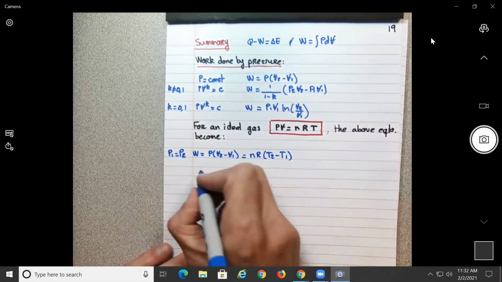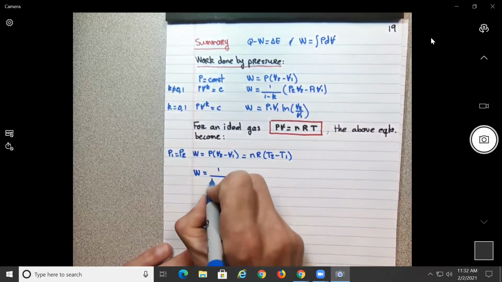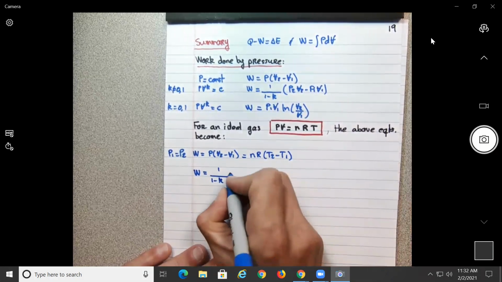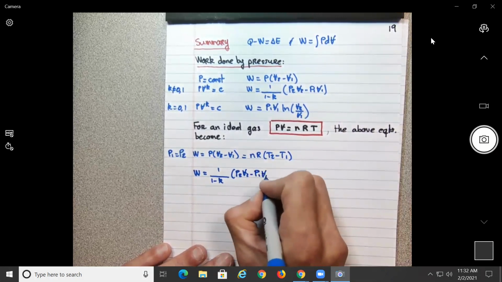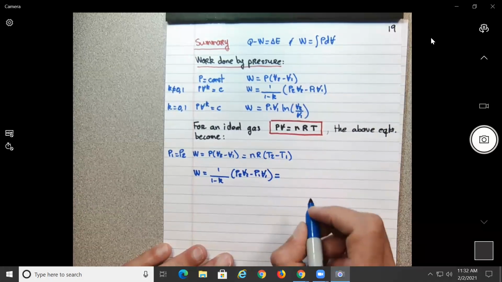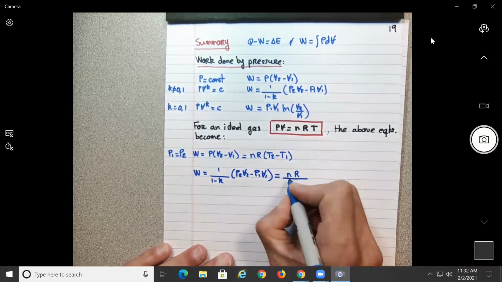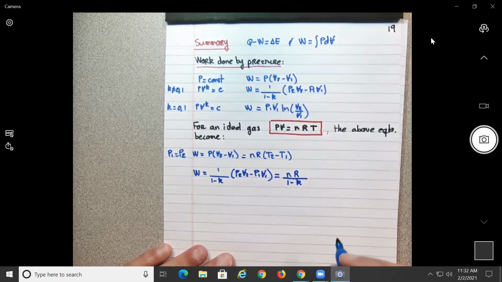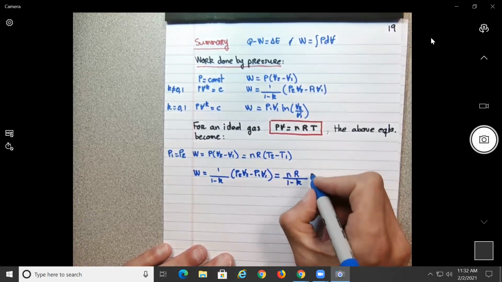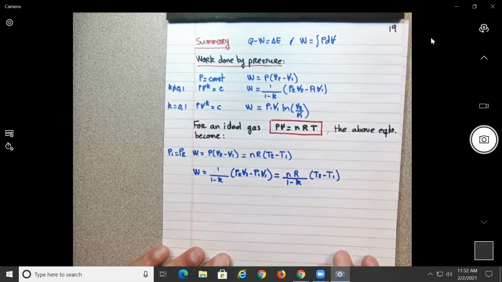Then the second one, which is work equal to 1 minus K, V2 minus P1 V1. You could actually write this one as nR over 1 minus K of what? T2 minus T1.